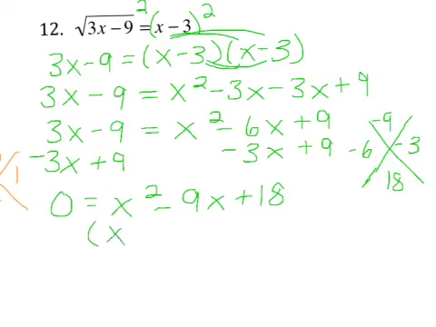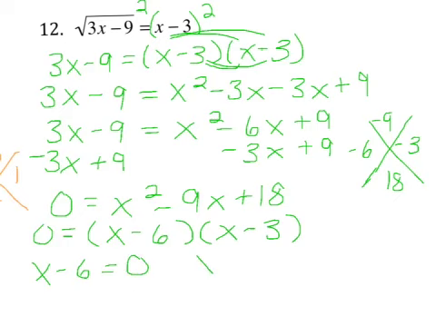So x minus 6 and x minus 3, set both of them equal to 0. So we end up with x equals 6 and x equals 3.